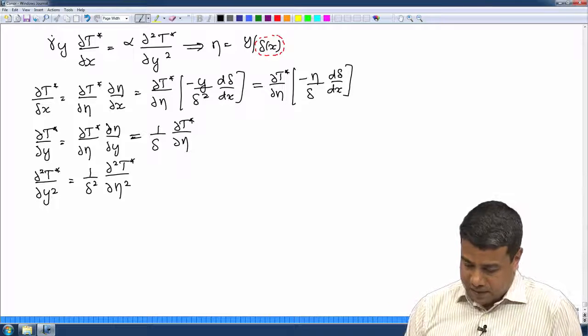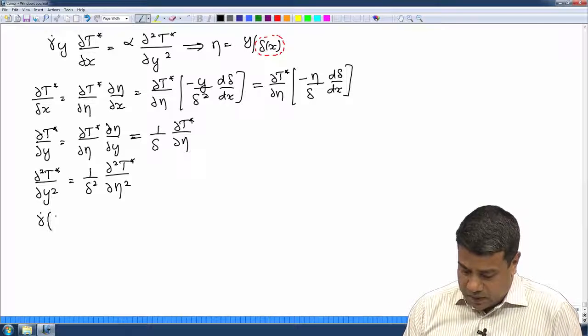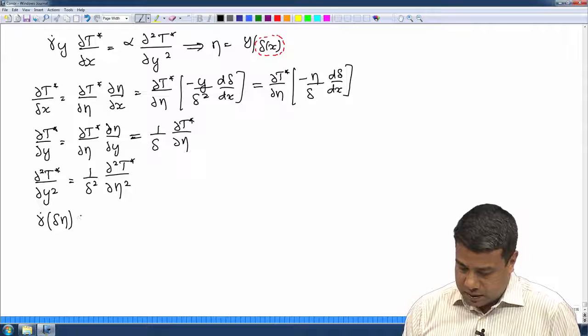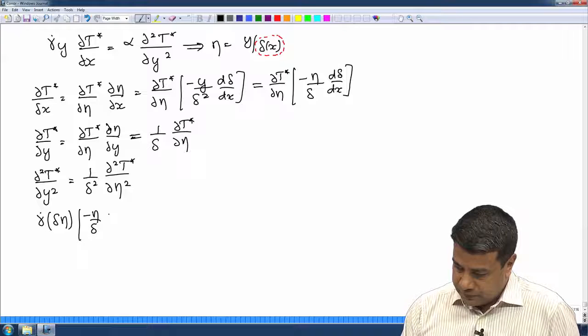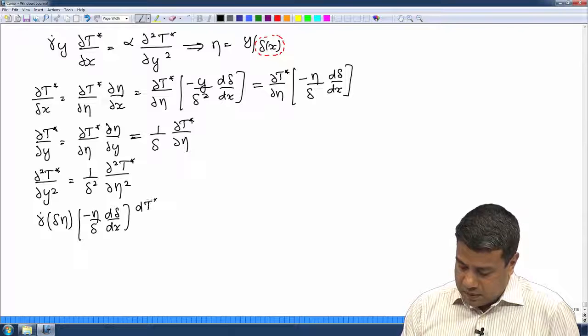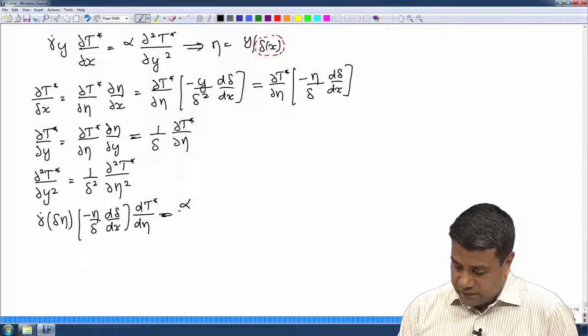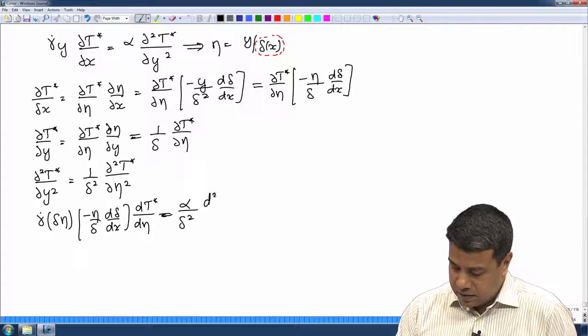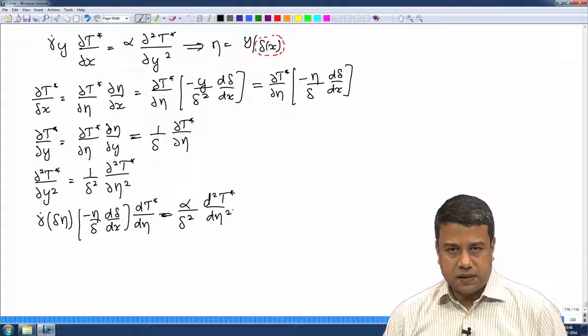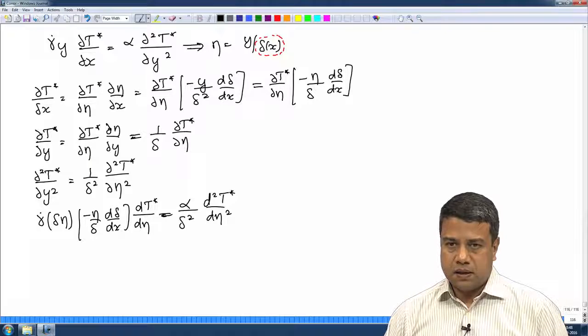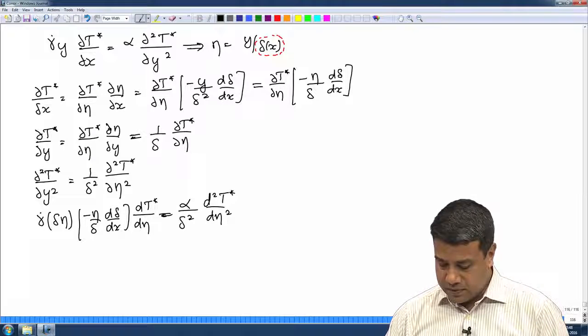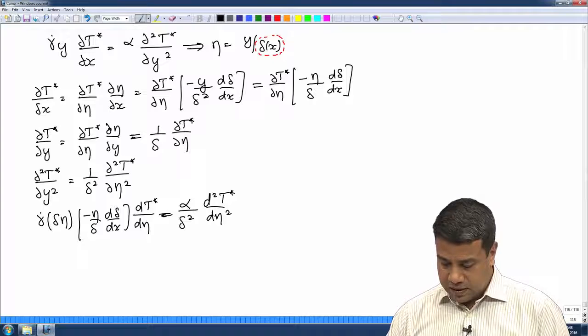So, let us do that. Gamma dot into y is delta times eta. Partial T star by partial x is minus eta by delta d delta by dx, into dT star by d eta, is equal to, on the right side, alpha divided by delta square. That is the differential equation that I get, and I can multiply both sides by delta square by alpha, and collect terms.